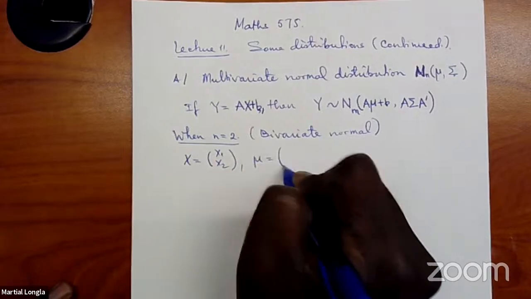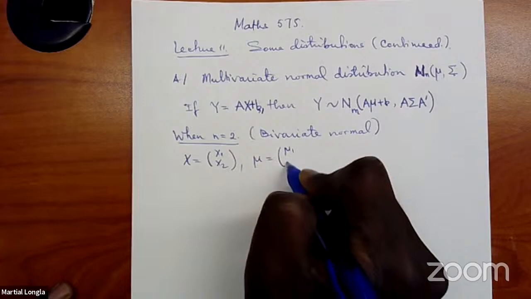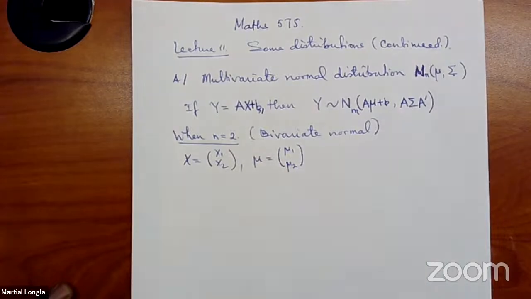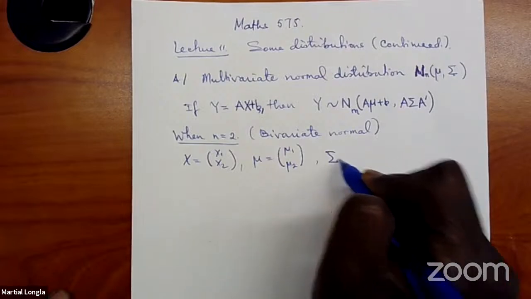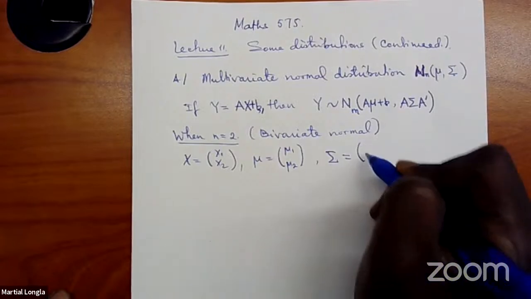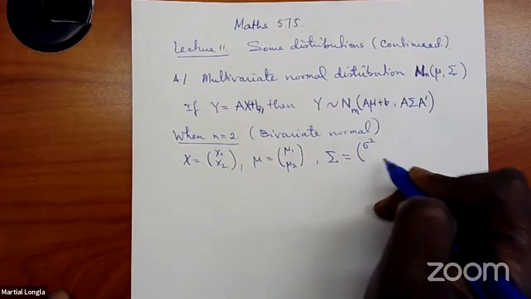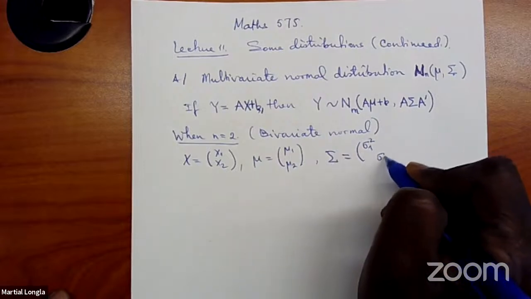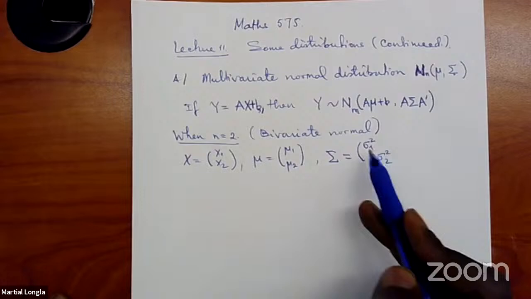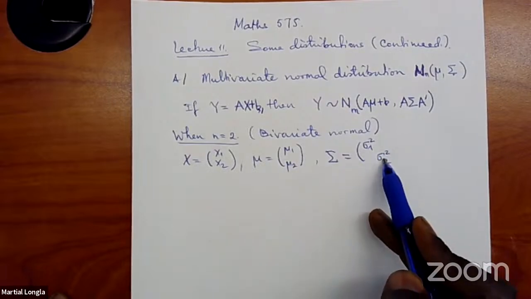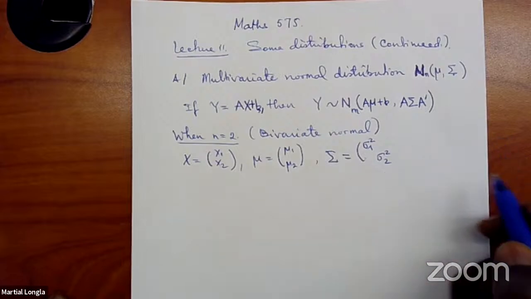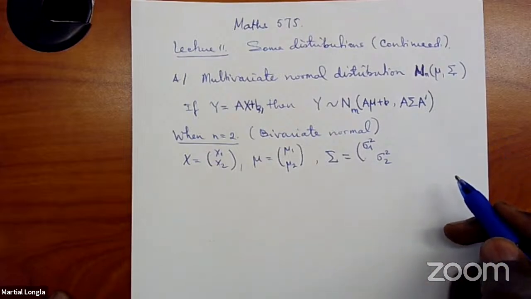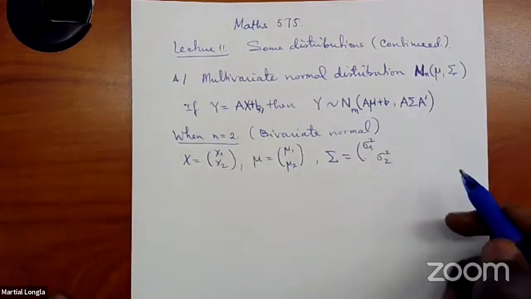Mu is mu1, mu2, which is mean of x1, mean of x2, and sigma, in this case, is sigma squared 1, sigma squared 2, which is variance of x1, variance of x2, and off diagonal here, we are going to have the covariance of x1, x2.